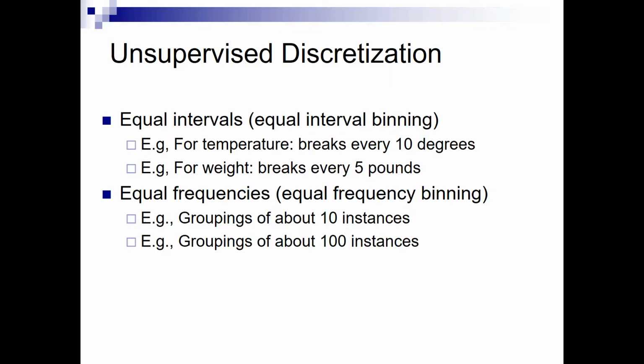Now, if you take equal interval binning, when you look at your trained model, it will make more sense to you because, say, you have breaks every 10 degrees, so each bin represents the same number of degrees. But the problem is that data usually isn't spread so evenly across these ranges, so some of your values will have very few instances, and that creates problems when building your model because you can't estimate conditional probabilities or weights very effectively when you don't have many examples.